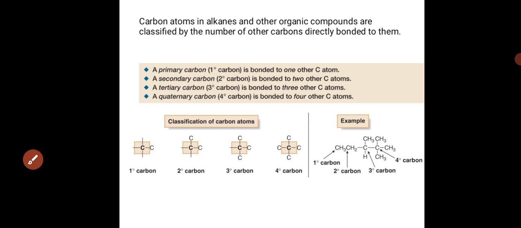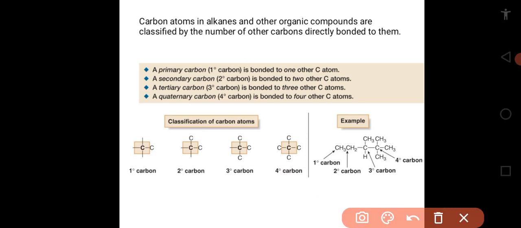Okay, so now the next thing is how to describe primary, secondary, tertiary, and quaternary carbon. In the case of the primary carbon, the central carbon is only attached to one carbon, so we call it primary carbon.